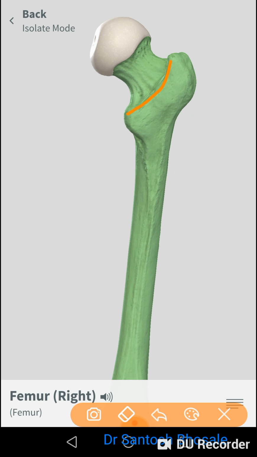It is a smooth rounded ridge which begins above at the posterior superior angle of the greater trochanter and ends at the lesser trochanter, and it presents a rounded elevation a little above the midpoint of it, that is called the quadrate tubercle, to which quadratus femoris muscle is attached.